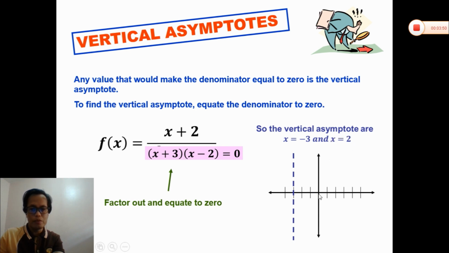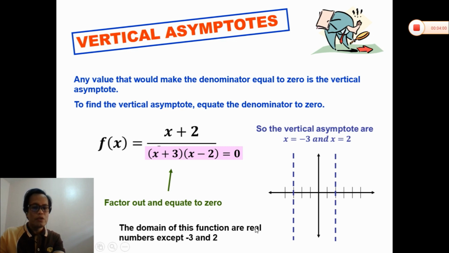So we have here from 0, positive 1, and positive 2. Therefore, this is our second vertical asymptote. The domain of this function are the real numbers except negative 3 and positive 2. Again, because these two values will make the denominator equal to 0.